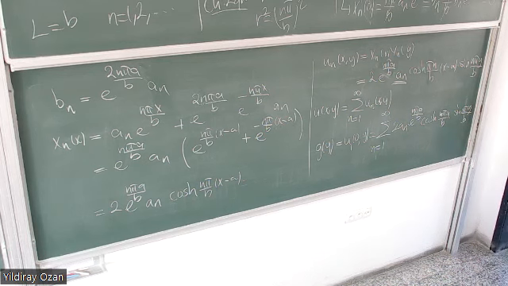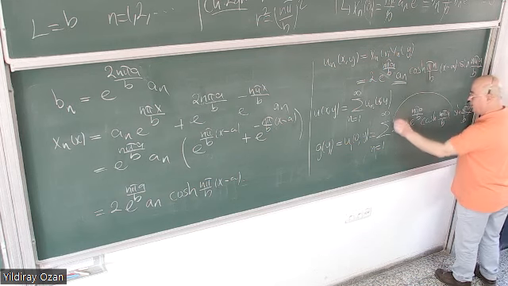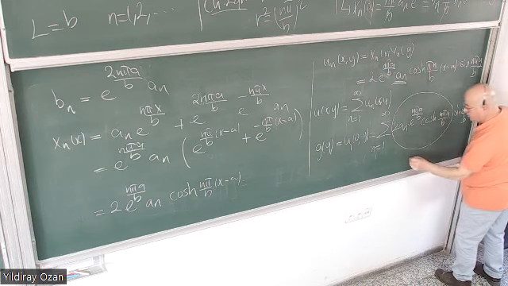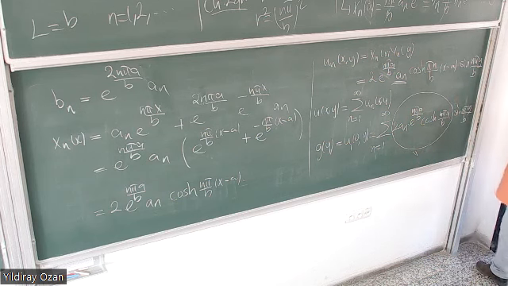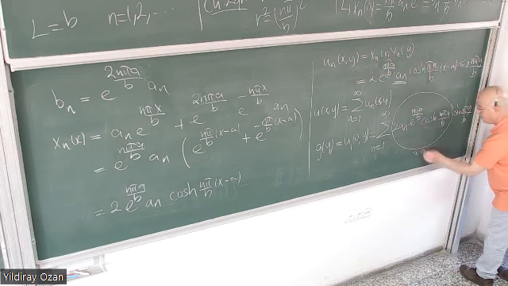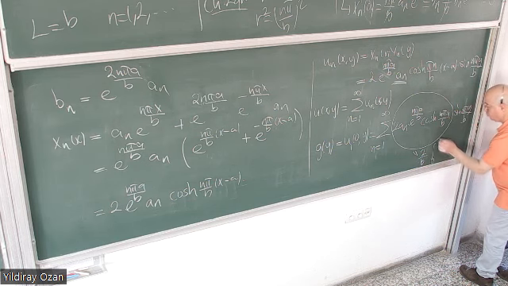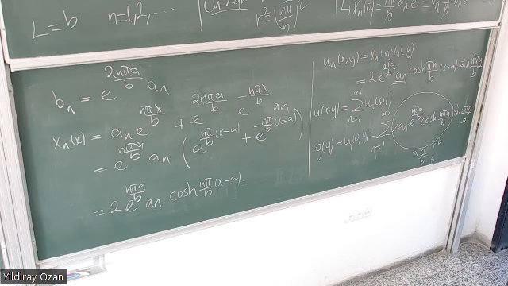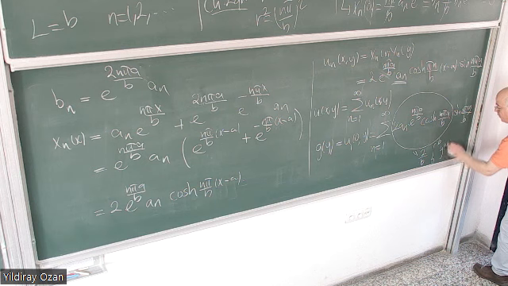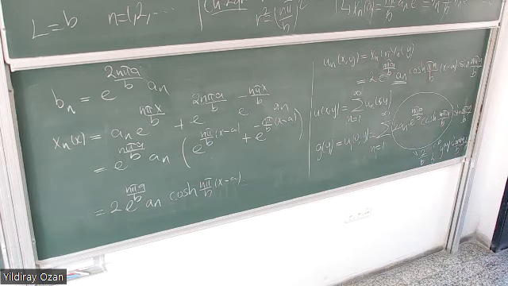So from this we see that this coefficient here is 2 over L. L is just B here. 2 over B integral 0 to B, G of Y sine n pi y over B dy. So we just compute whatever that thing is.